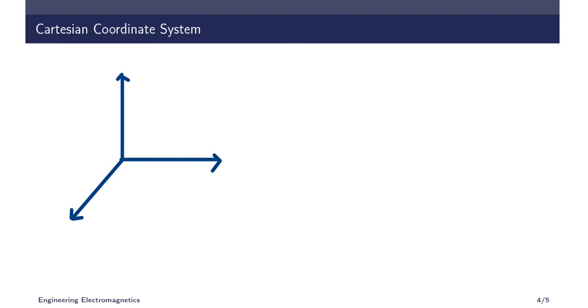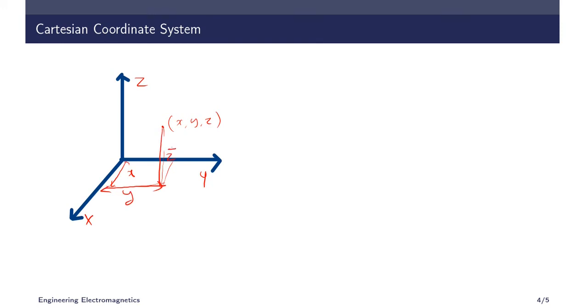Now moving to the Cartesian coordinate system, this is what we have seen so far in all the examples. Cartesian coordinate system with the 3 coordinates x, y, z. So any point in this one can be represented as a small x, a small y, small z. So that point can be reached by moving along x-axis a distance of x, and along y a distance of y, and along z a distance of z.